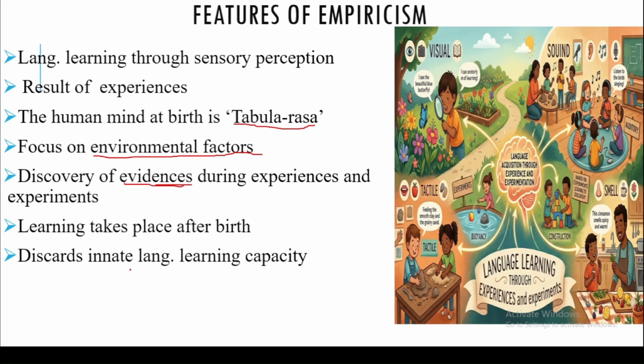Empiricism discards innate language learning capacity. Empiricism theory of language learning doesn't believe that there is any innate power or innate capacity that facilitates language learning later. So empiricism believes that there is nothing innate to learn a language.